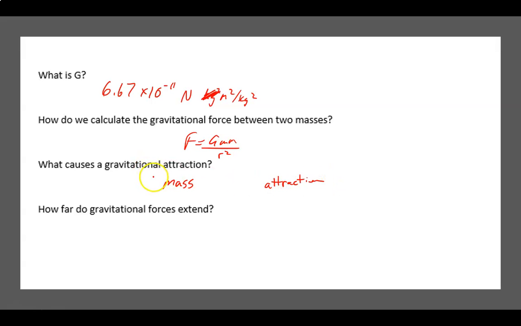And it is important to note that this is always an attraction force. And they extend, well, really forever. Although you do get to a point where that r squared gets so big that this force is going to get very, very small. But they do, in fact, extend forever.